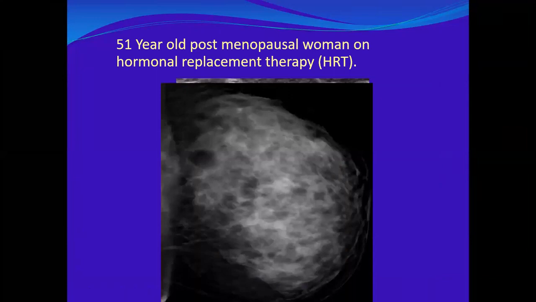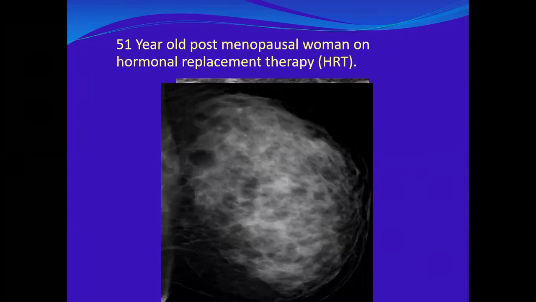Okay, so this is a 51-year-old postmenopausal woman on hormonal replacement therapy. This is my patient. Can you see an abnormality here? Yes, I can.